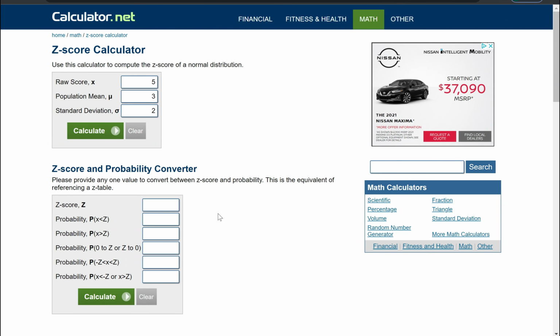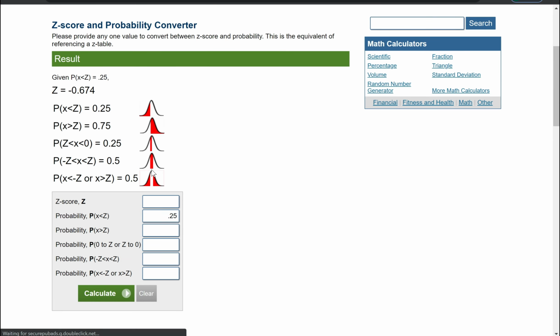What we want to do next is use the technology to our advantage. So we're going to find the probability where x is less than z. Here I'll plug in 0.25, hit calculate, and the calculator gets us a negative 0.674.